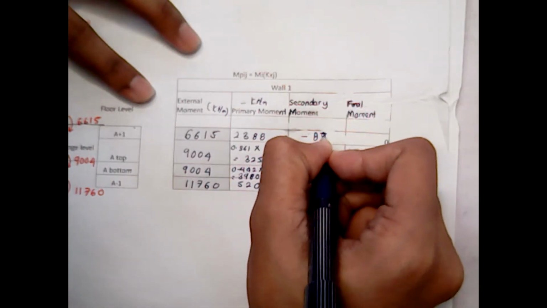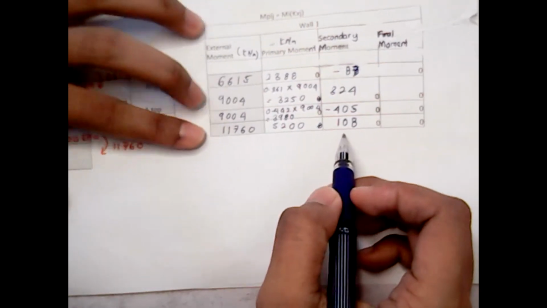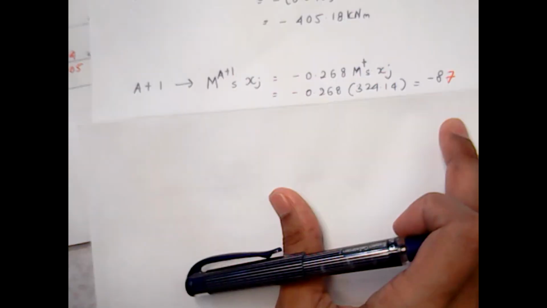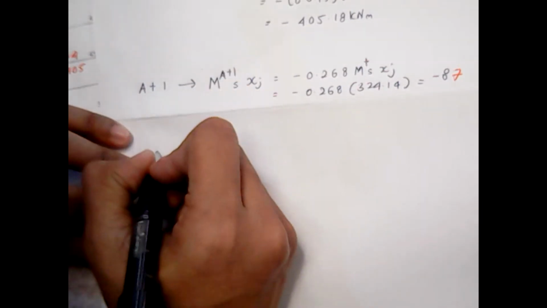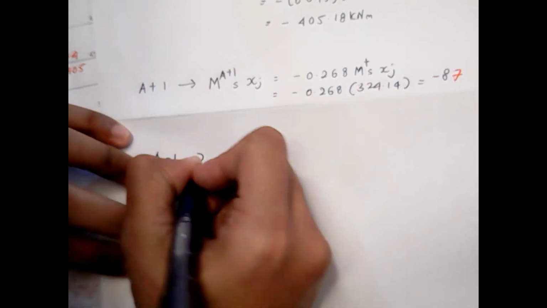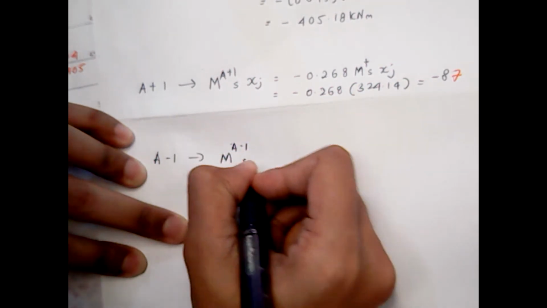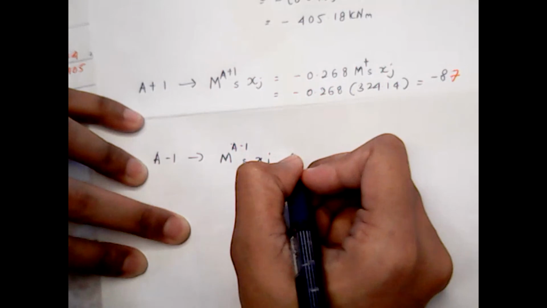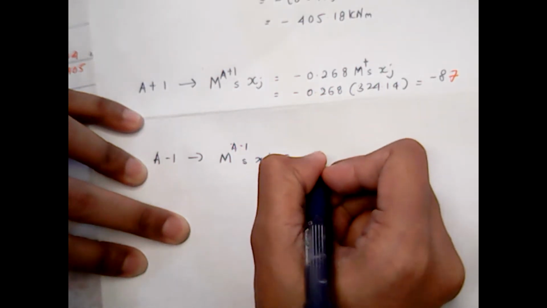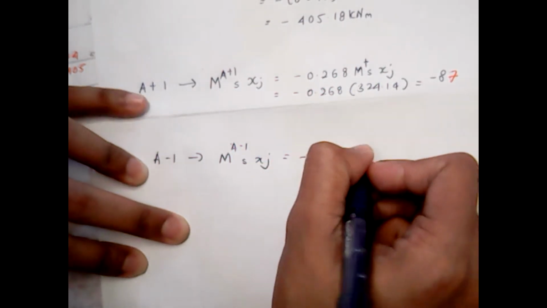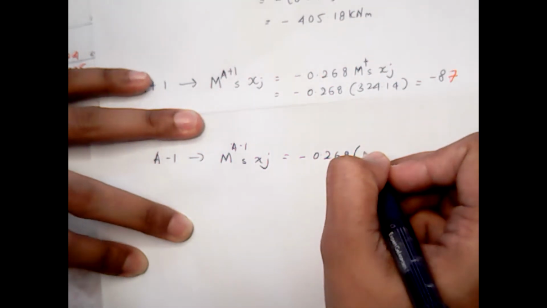So here you get 87. Similarly for the bottom, level A minus 1, M A minus 1 at Xj is equivalent to negative 0.268 times negative 405.